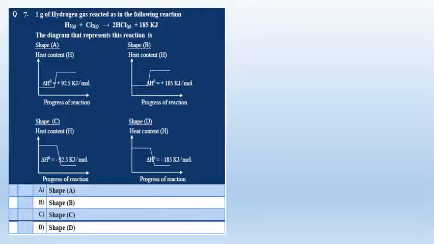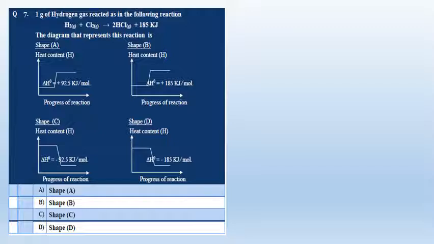So my delta H will be a negative value. Yes, this is an exothermic reaction, as the heat is produced from the reaction: HCl plus 185 kilojoule.